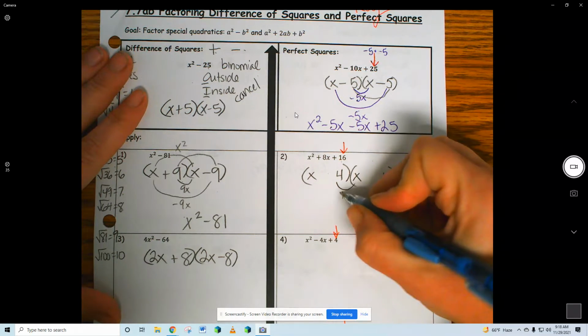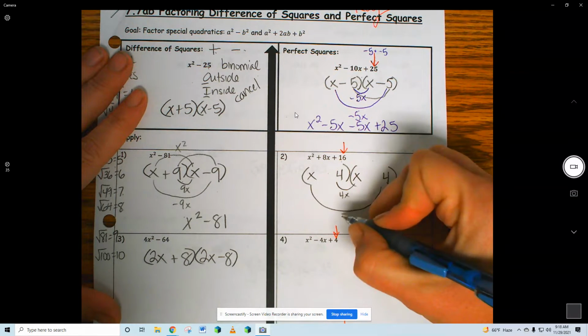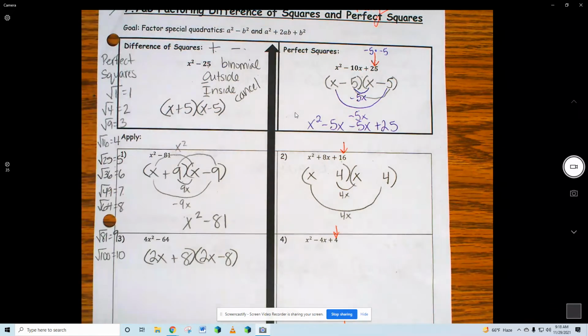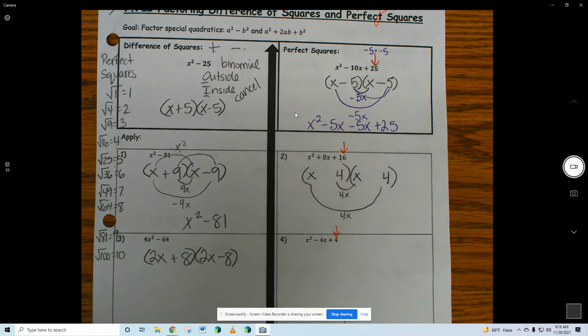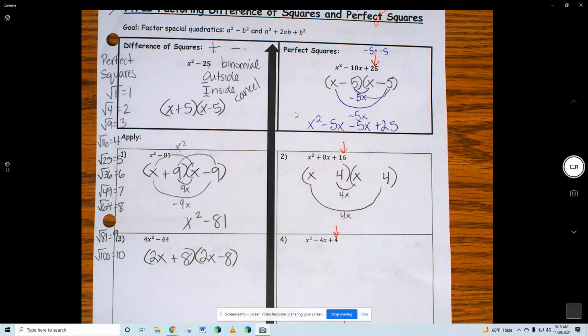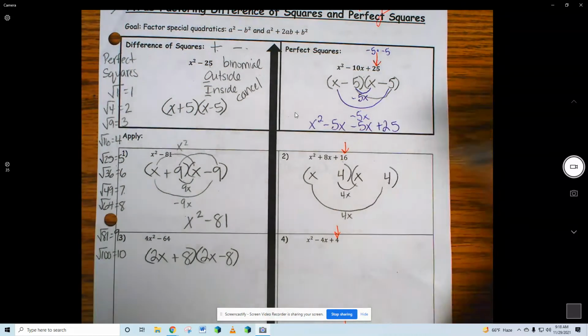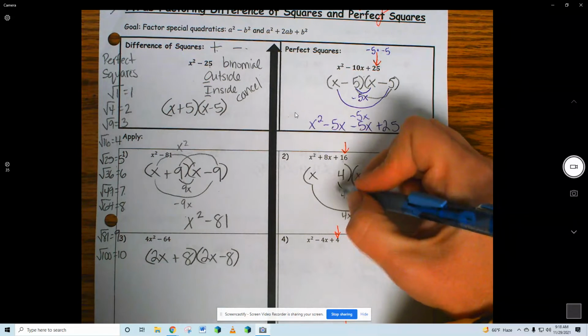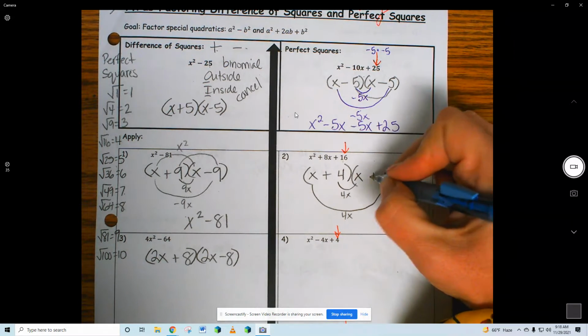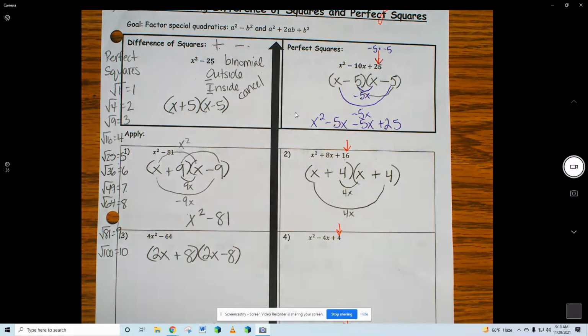How am I going to make a 4x, outside, inside, and a 4x be a positive 8? If they're both negative, that would be negative 8. Positive 4 plus 4. 4 plus 4 is 8. And it's a positive 16.